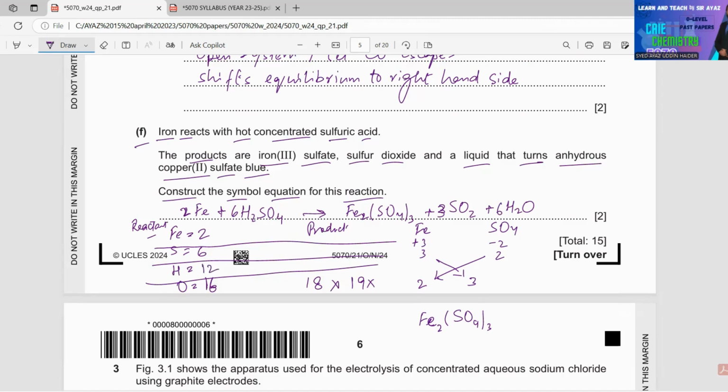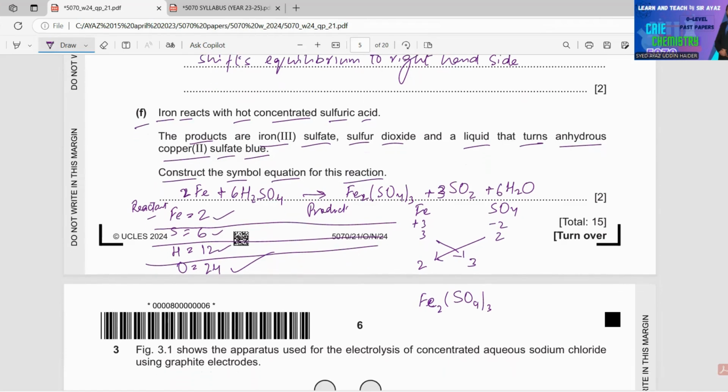What about oxygen? 6 4s are 24 on the reactant side. On the product side, 3 4s are 12, 12 plus 3 2s are 6, 12 plus 6 is 18, 18 plus 6 is 24. It's balanced now. All are balanced. This will be the final balanced equation for this reaction.